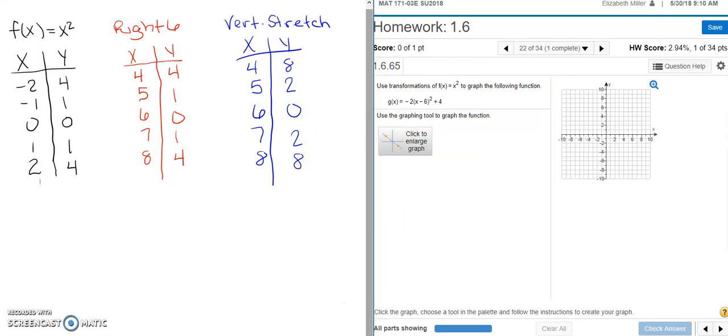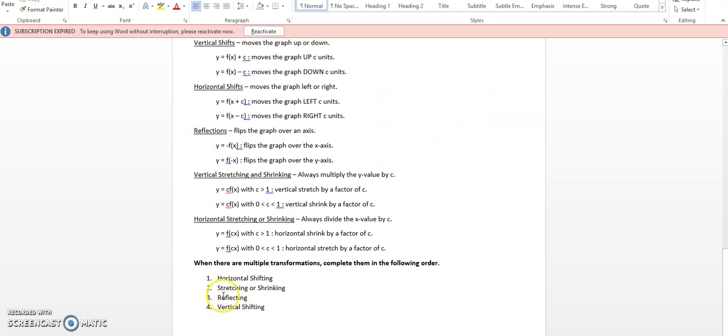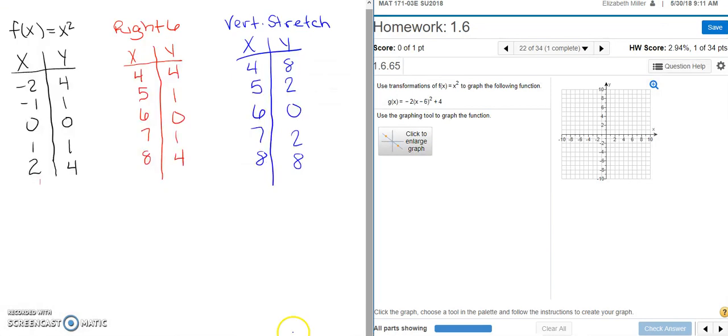Then we have to do our reflecting. We do have a reflection in this one. The negative out front means it reflects over the x-axis. Any point that's up here would reflect to down here, and any point that's down here would reflect to up here. So what's changing with that reflection? If I'm up here at +6, I would reflect down to -6.